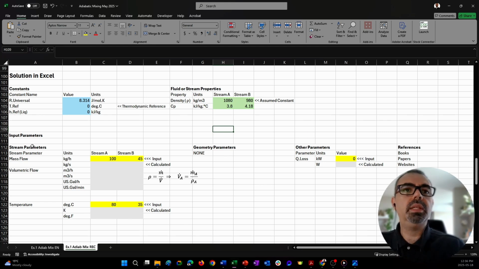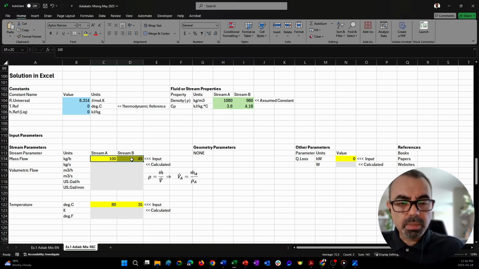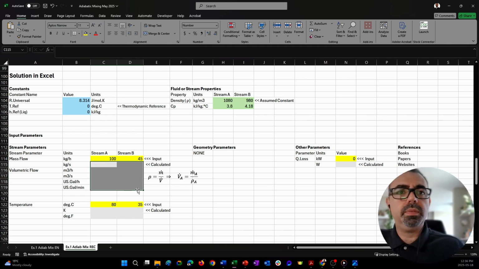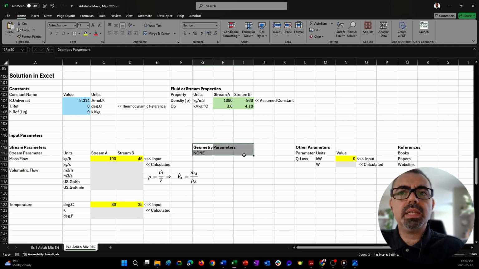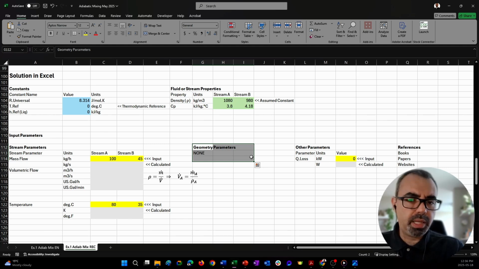So I will have the data divided in sections of input data, which I highlight with a different color, and then I will have calculated data with a different color. Then I will have a section of geometric parameters for a problem. For example, this can be pipe diameters, pipe lengths, or equipment sizes, or any other geometric parameters needed for the problem.